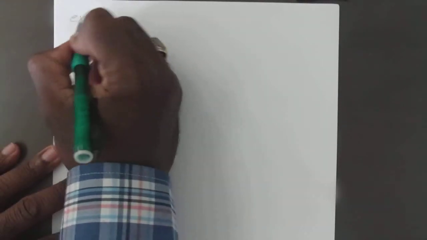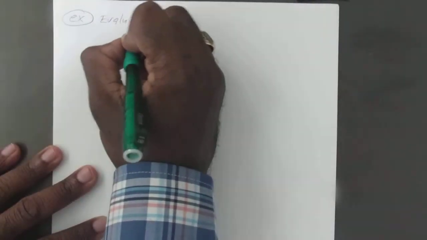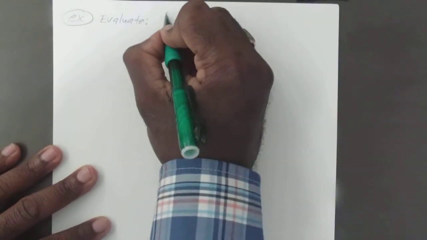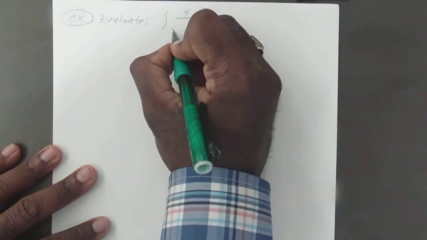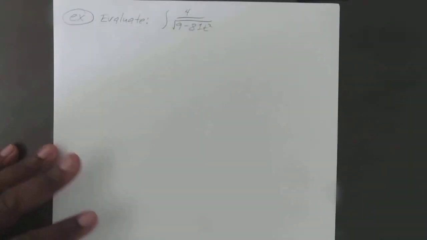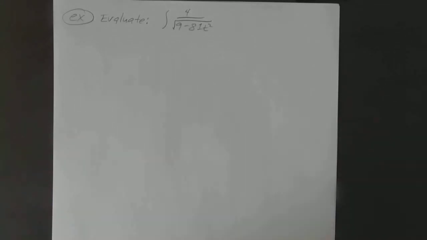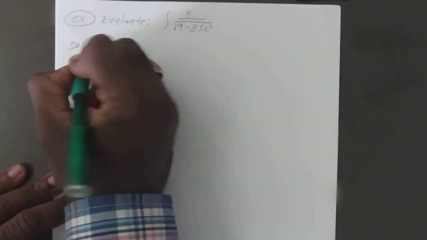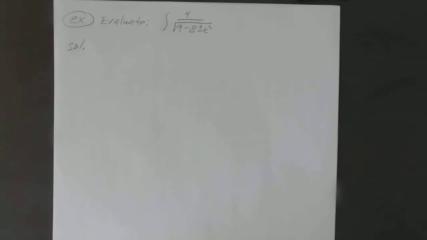Do one more. I'll leave that up for a bit, see if anyone's still writing. Okay, so let's say, for example, we wanted to evaluate the integral of 4 over the square root of 9 minus 81t squared dt.